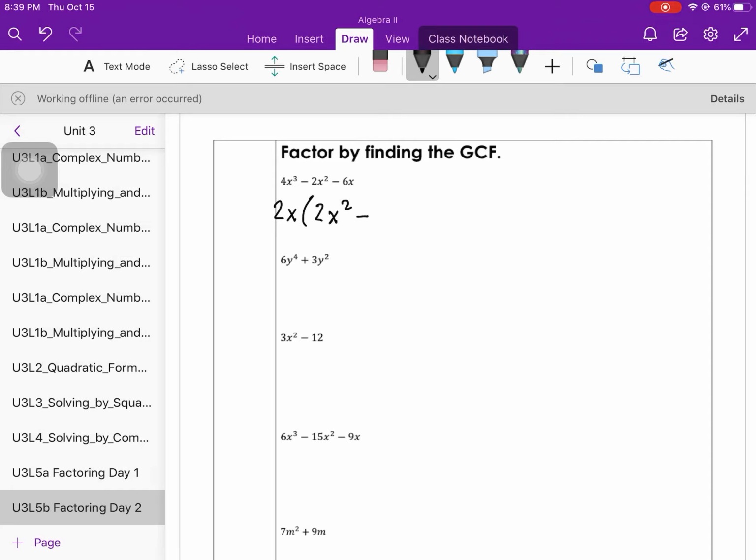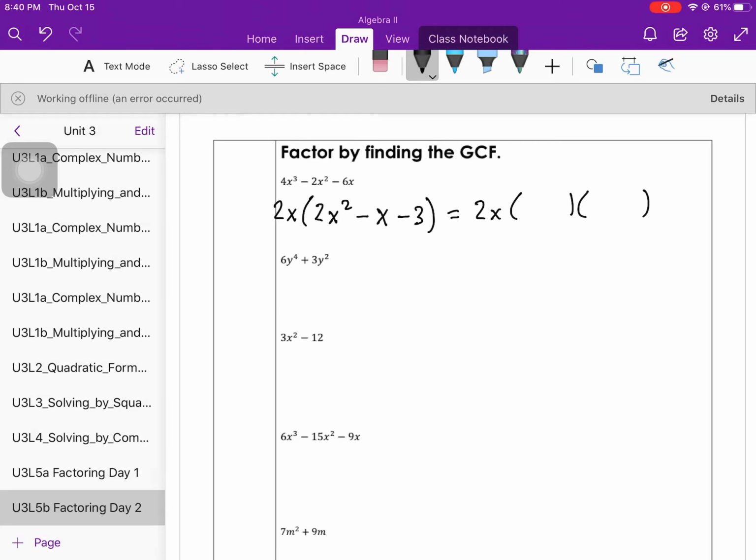Next, -2x squared divided by 2x would give me a minus x, because now I'm short 1 x and the 2's gone. And then the last part, I get rid of all the x's and I'm left with -3, because -6 divided by 2 is -3. Now I need to try to factor what's in the parentheses. So 2x stays the same, but let's see if we can factor these two here.